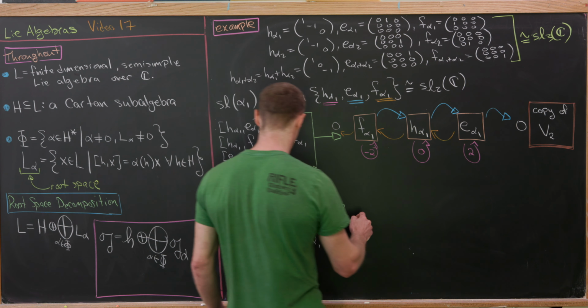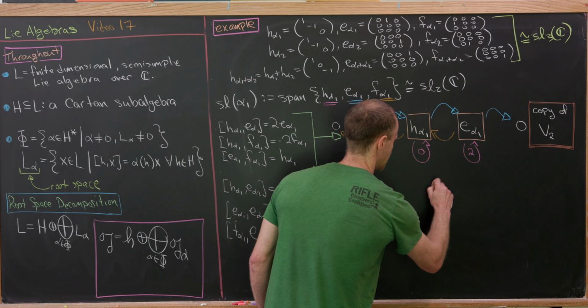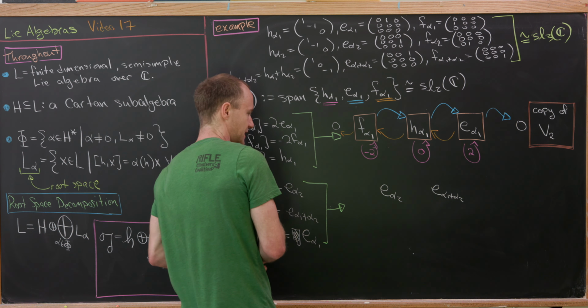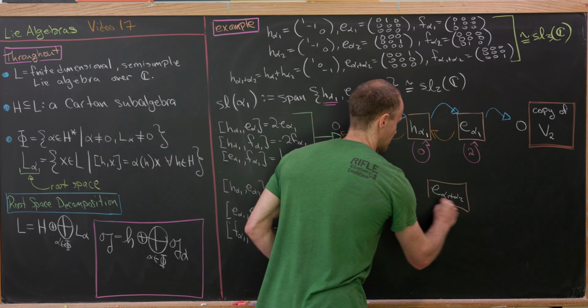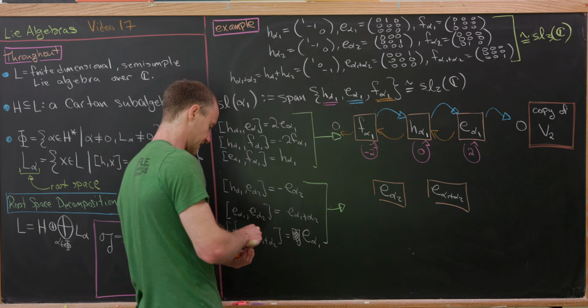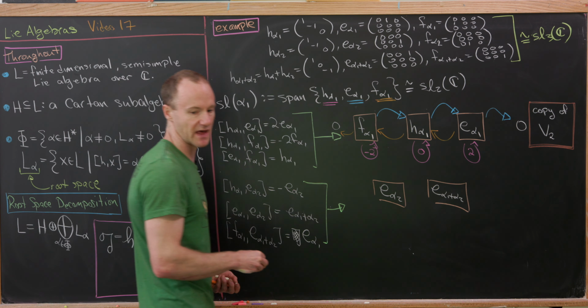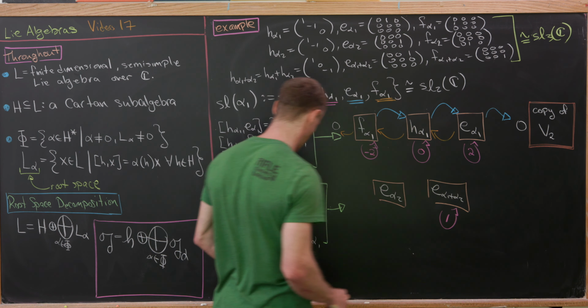So let's go over here and we'll have E alpha 2, and then here we'll have E alpha 1 plus alpha 2. Let's do the same thing that we did before and put some boxes around these. And then let's do our eigenvalue eigenvector relationship and observe that E alpha 1 plus alpha 2 had an eigenvalue of 1.